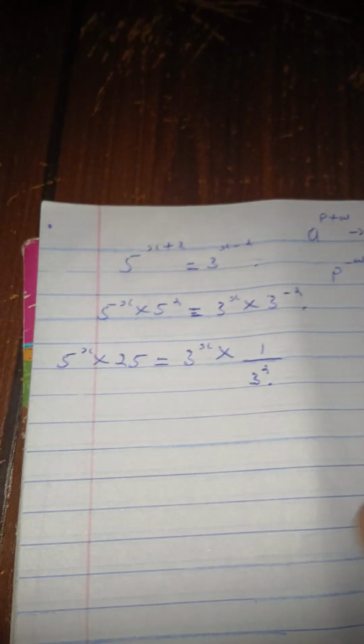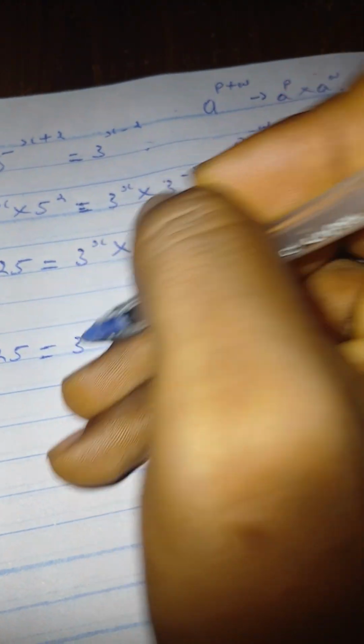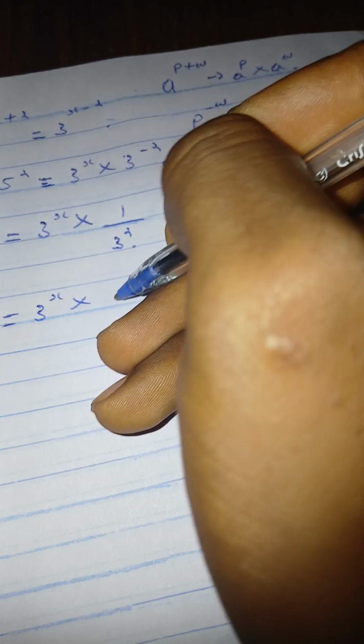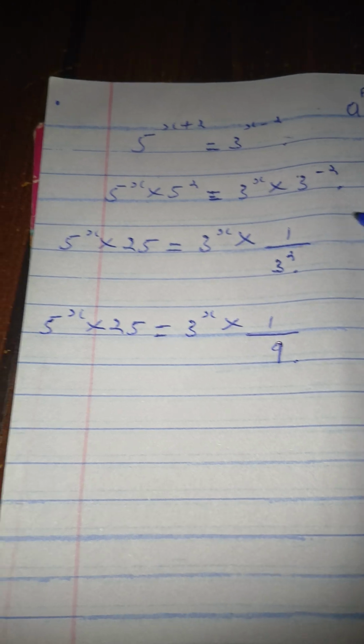Now moving further, we have 5 raised to the power of x times 25 is equal to 3 raised to the power of x times 1 over 3 squared, which is 9. That is, 3 squared means 3 times 3.